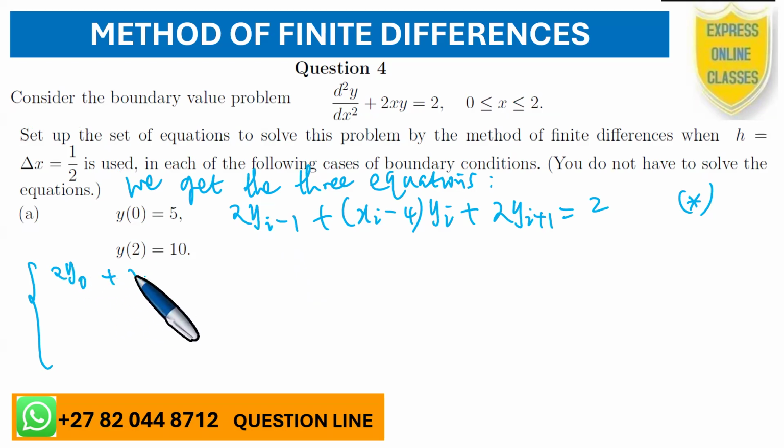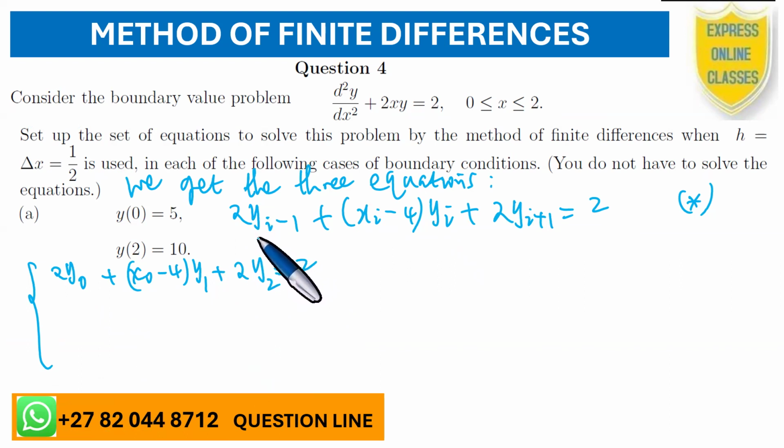So it's y0 plus 2y1 equals 2. If we take i equals 1 here, why do we choose i equals 1?